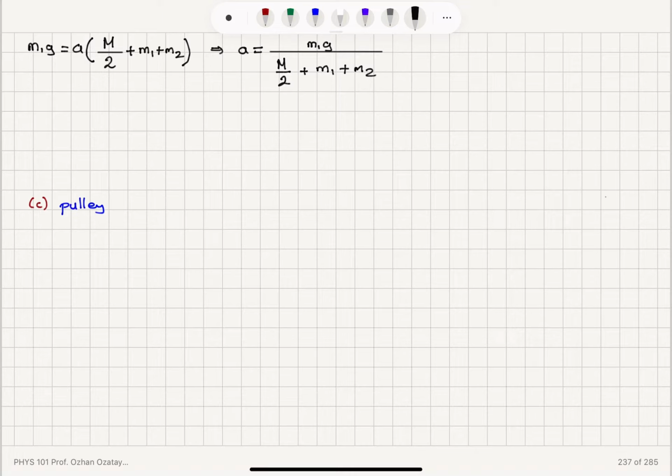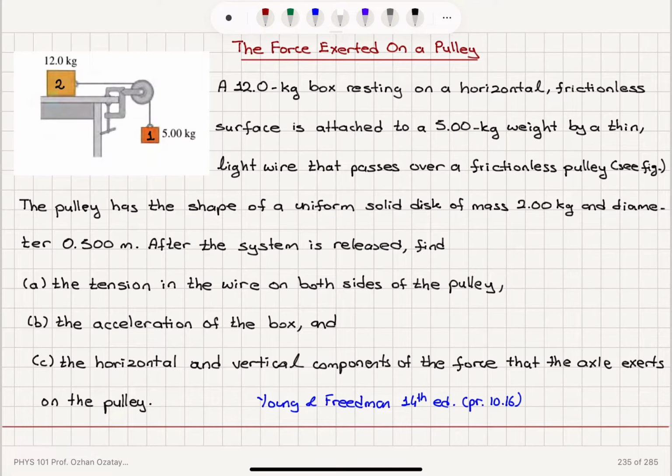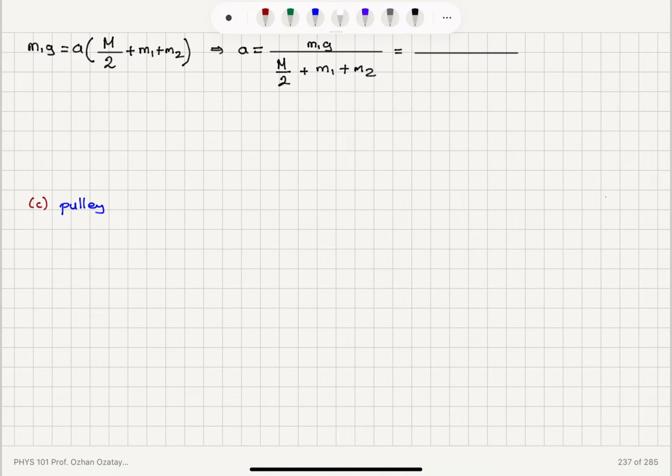So if we substitute the numbers here, M1, the mass of our weight that is hanging here, is 5 kilograms. So we have 5 times gravitational acceleration 9.8 meters per second squared. Capital M was 2 kilograms. That's the mass of the pulley. So it's 2 divided by 2 plus M1 again.